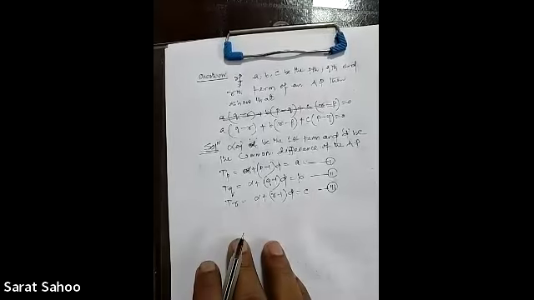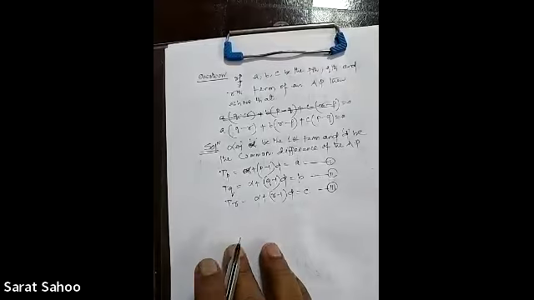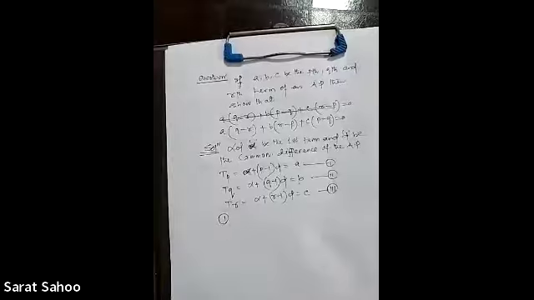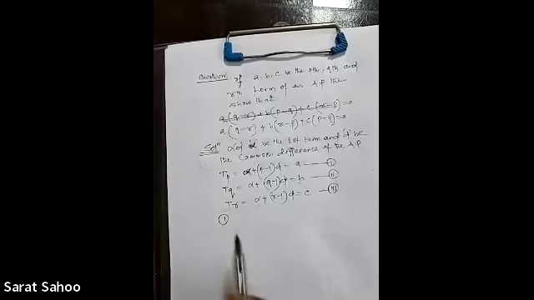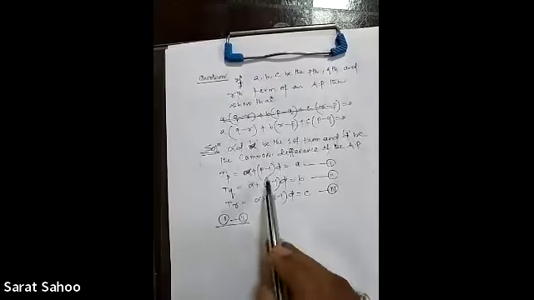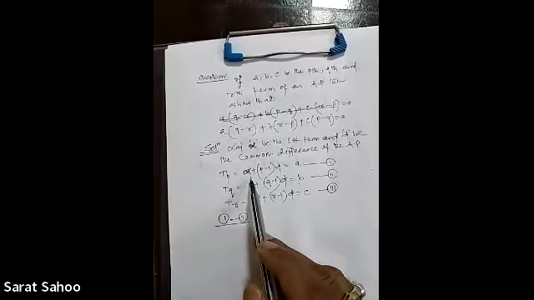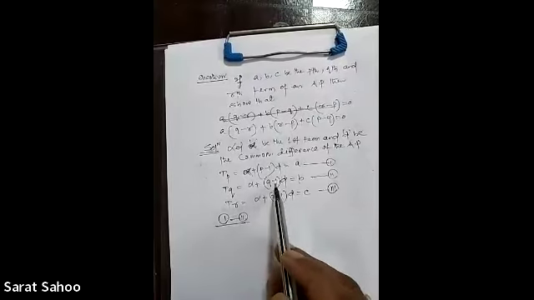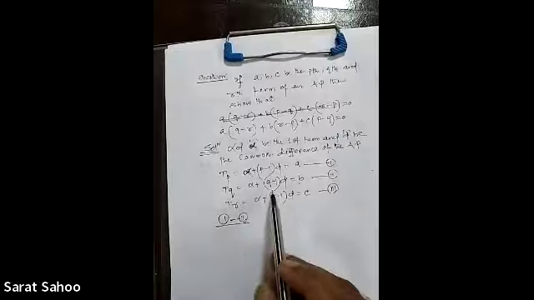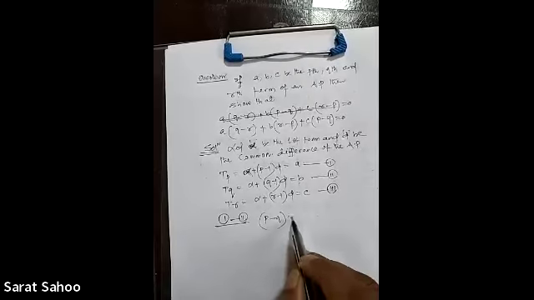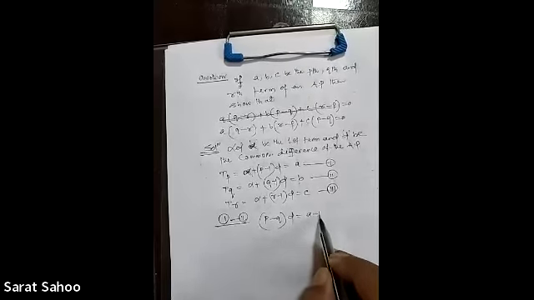Now subtract equation 2 from equation 1. Alpha minus alpha will be 0. Taking D as common, p minus 1 minus q minus 1 will be p minus q. So p minus q into D will be a minus b.